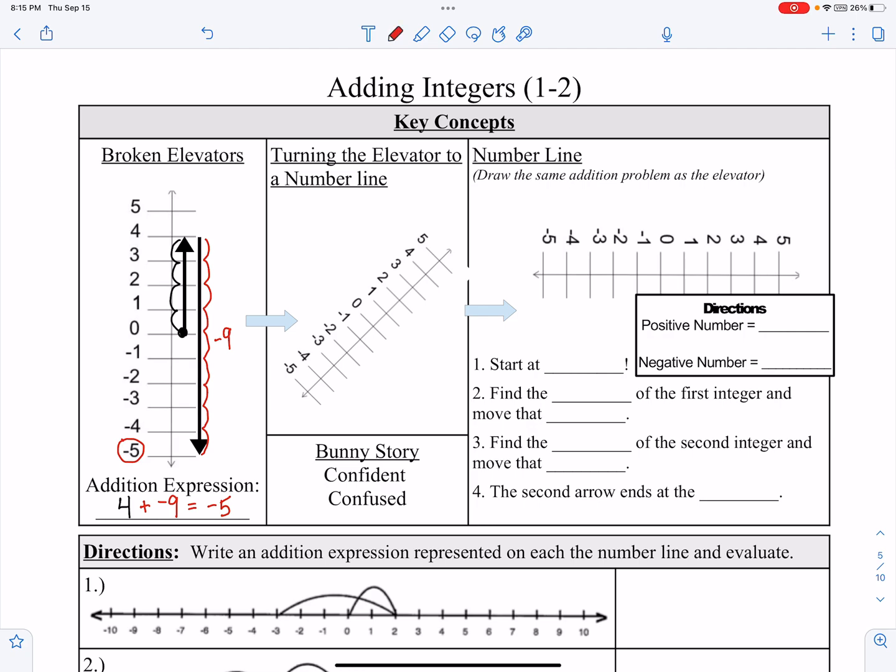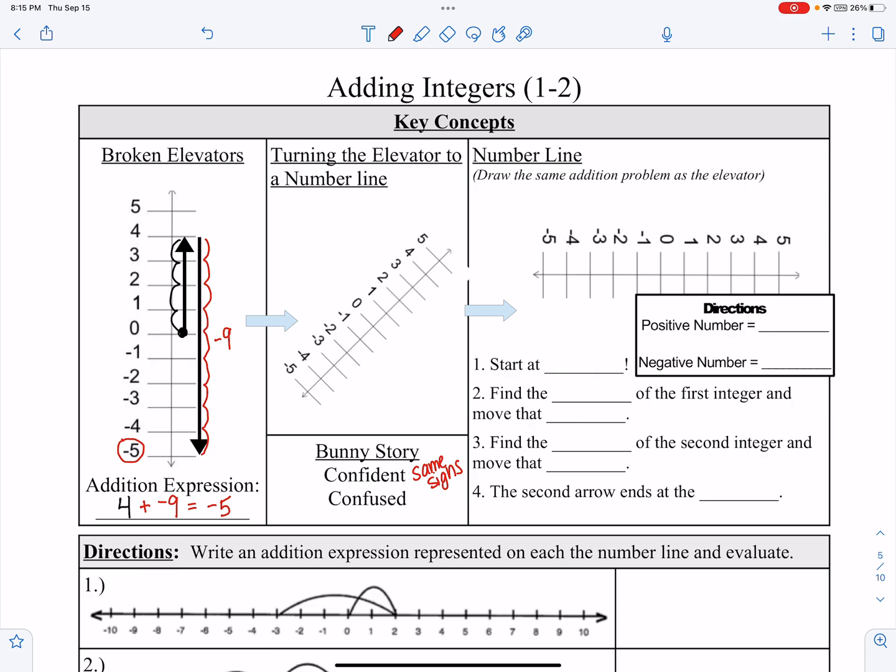Now, the reason this says bunny story is, imagine that you have two different kinds of bunnies. You have one bunny that is very confident, and this would be the bunny with same sign. So if you have two negatives or two positives, everything's going to move in one direction.